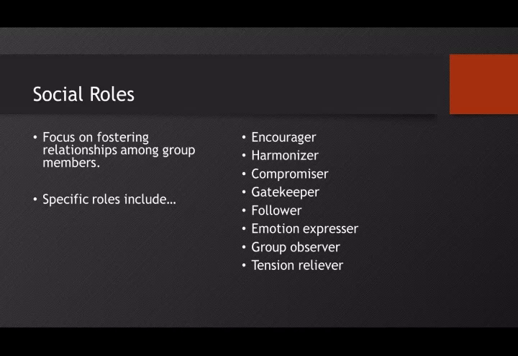So these roles really help to encourage positive relationships amongst group members, to help with a positive environment or climate within the group, to help people get along and to build strong relationships so that they can get those task roles done. So social roles are just as important as task roles.